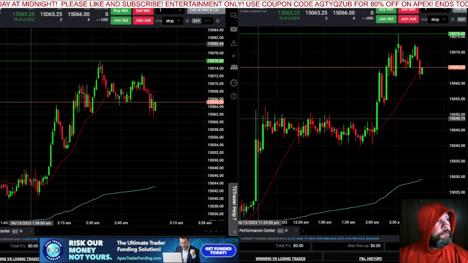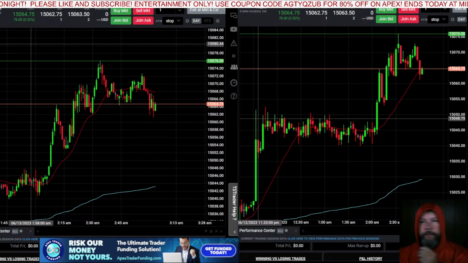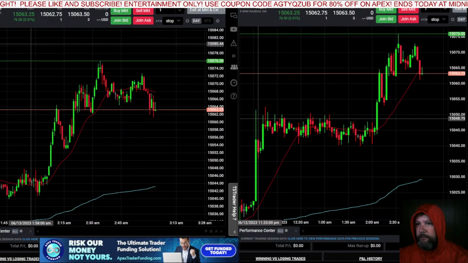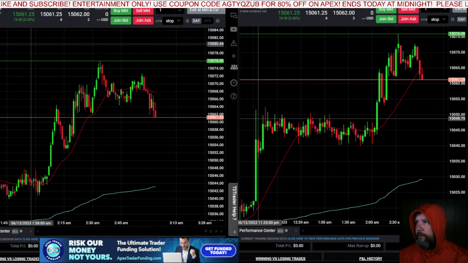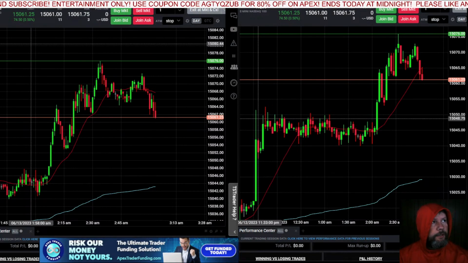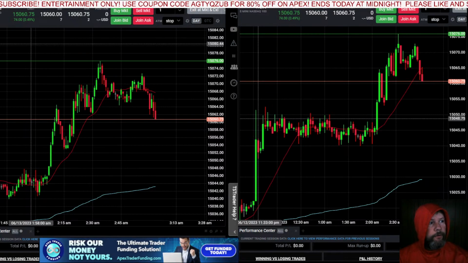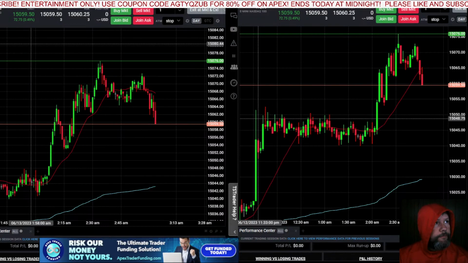So potentially take 2 contracts off at least probably 10 handles, and then that locks in $400, and then let that last contract just go for a little bit there. If we get the setup, we'll try to sit here and babysit it for a while and move the stop up accordingly if we can.